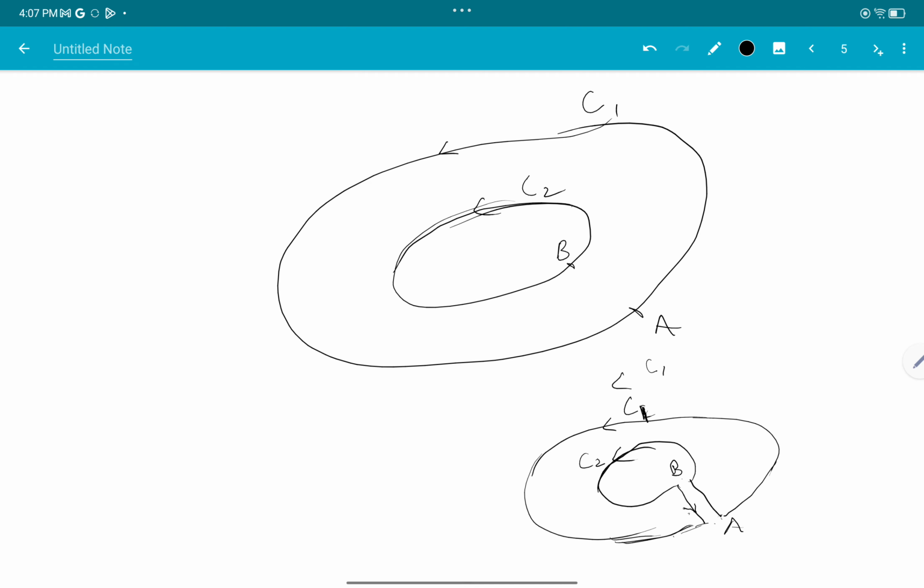So I will show it like this. C1 coming here, and then coming here, and I will now reverse the direction of C2. It will be minus C2 now, instead of C2, in this direction, so that it becomes continuous.